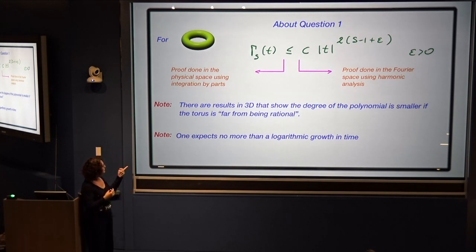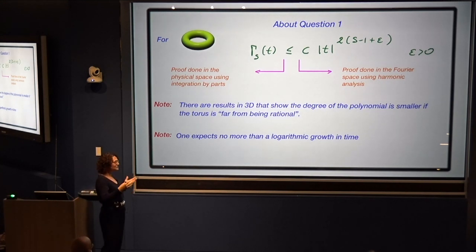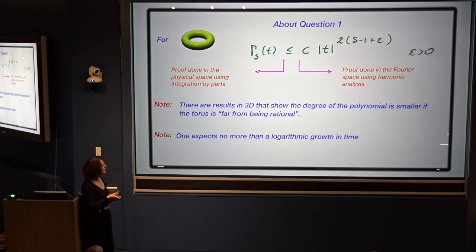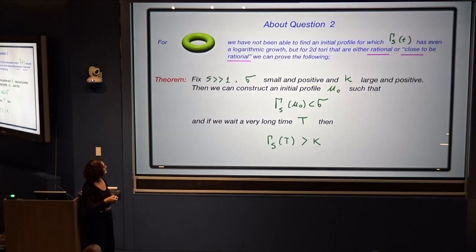Anyway, it has been proved that in 3D, if you are in an irrational torus, then the degree of the polynomial is smaller. And intuitively, this makes sense because in the irrational case, you have a little bit more room for the wave to spread. On the other hand, this growth that we have proved so far is way too big, and people believe, in fact, there shouldn't be more than logarithmic growth. But we don't know that.